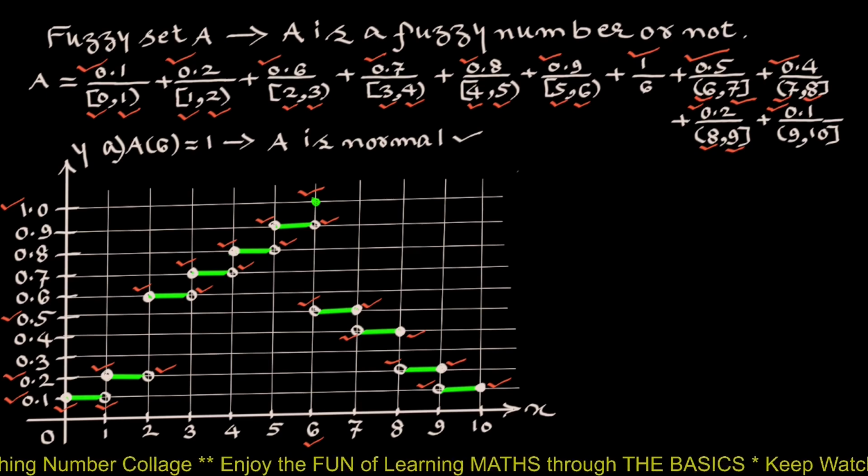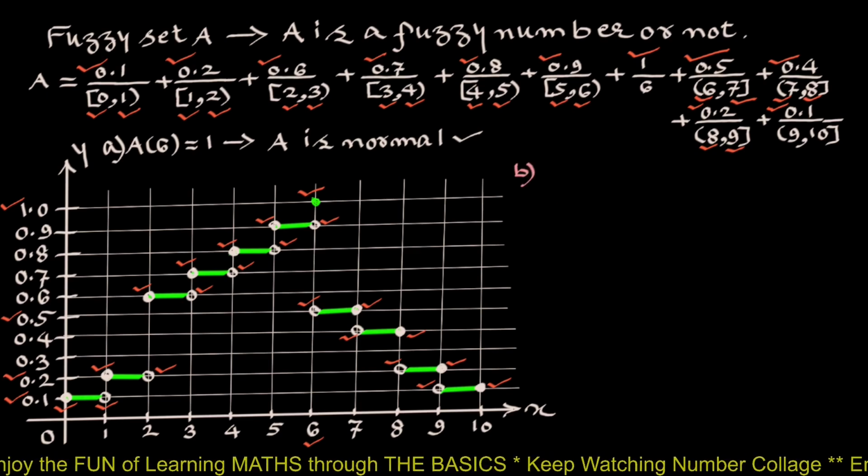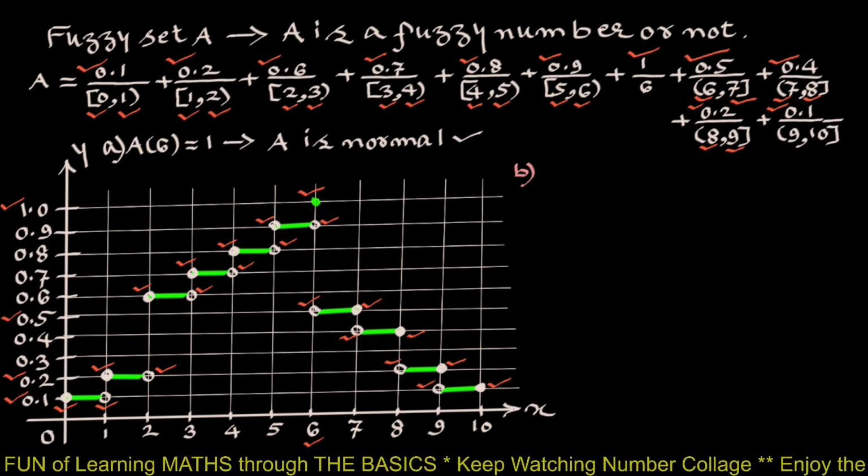For the second condition B, we will write alpha cuts for distinct values of grade of membership.